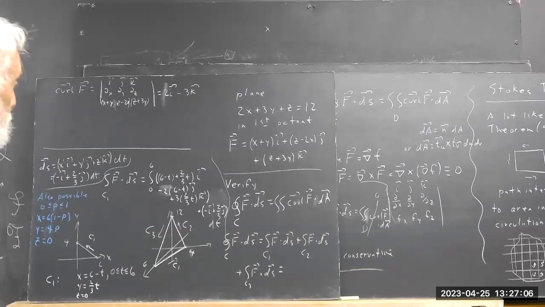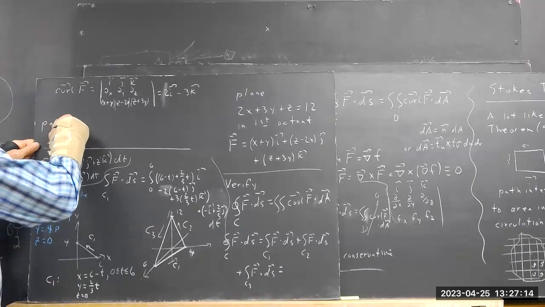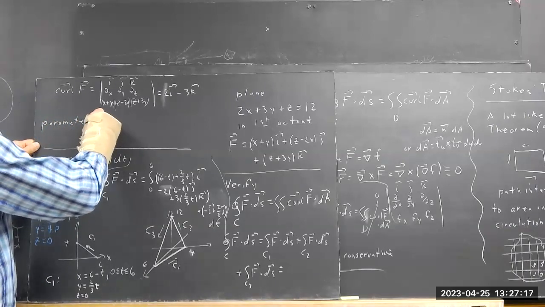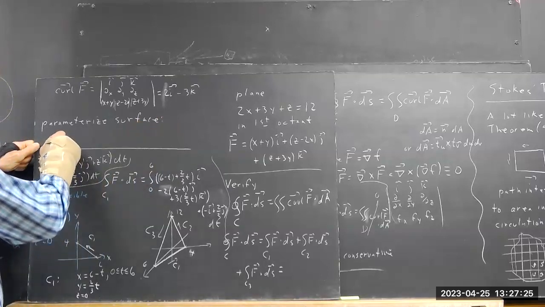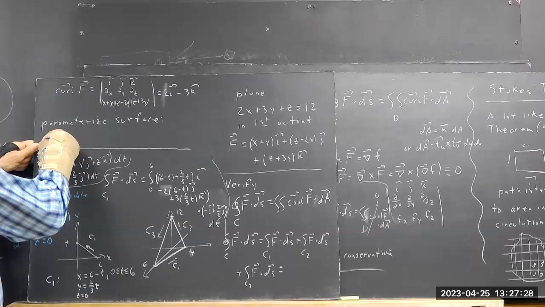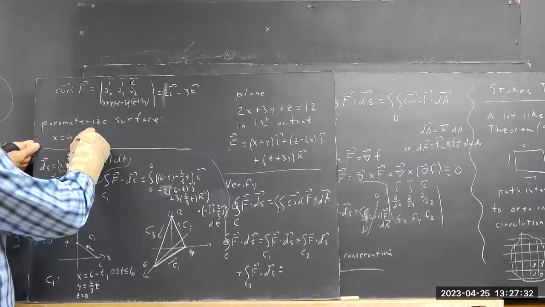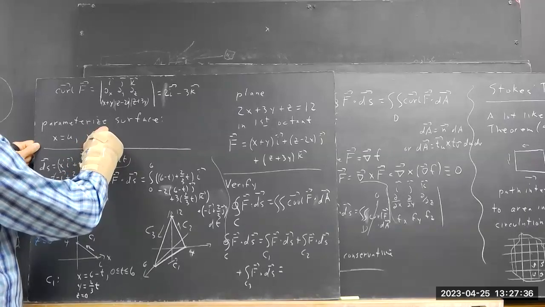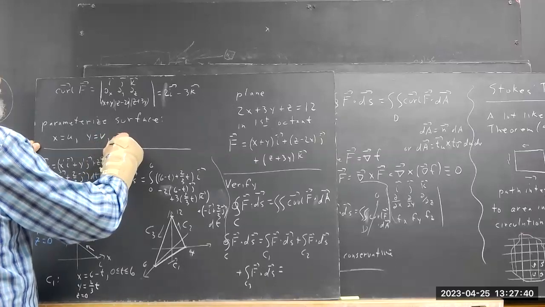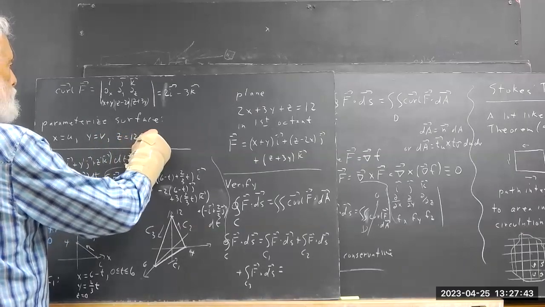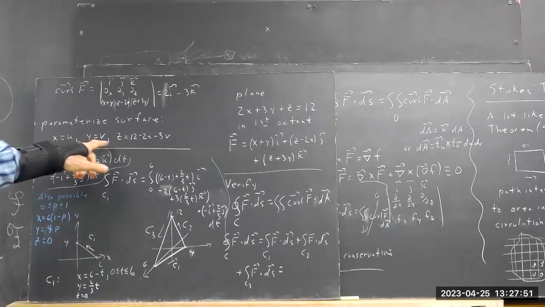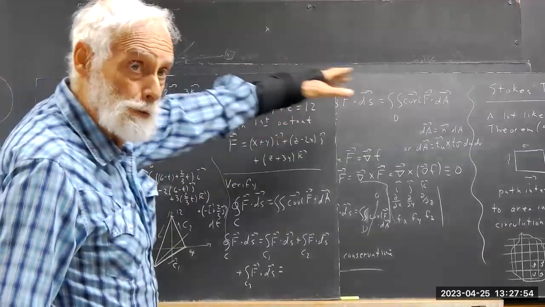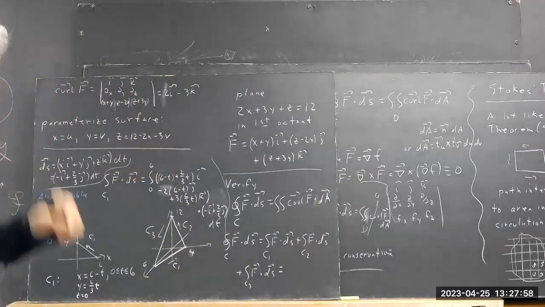Parameterize this, but I guess I will. There's a parameterization. x might actually equal u, y will be v, and then z, which should be 12 minus 2x minus 3y, will be 12 minus 2u minus 3v.